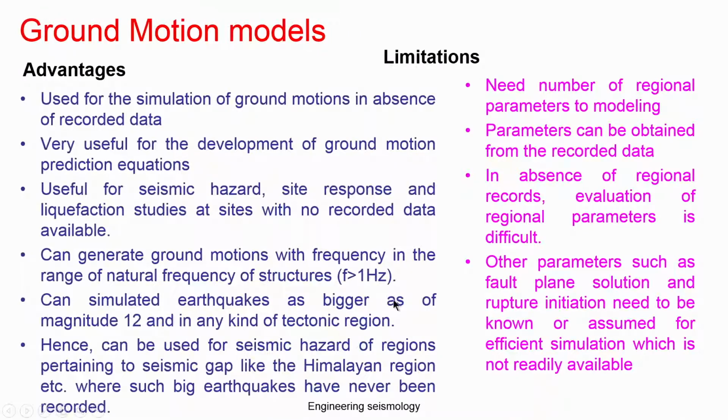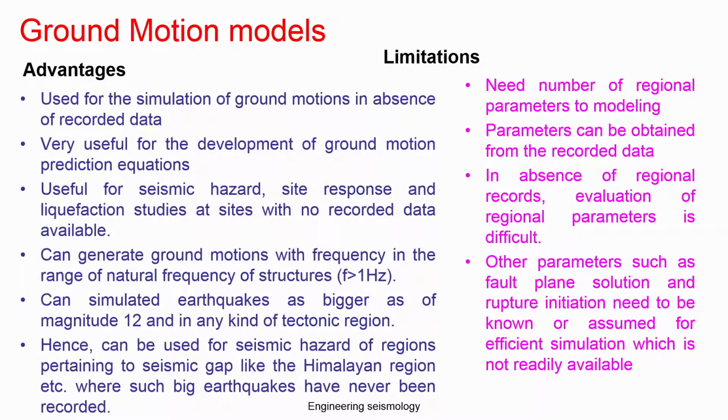So, ground motion simulation models have a great advantage, as I told you. They are used for simulation of ground motions in the absence of recorded data in the region, very useful for development of the ground motion prediction equation, which we will discuss in a later stage.